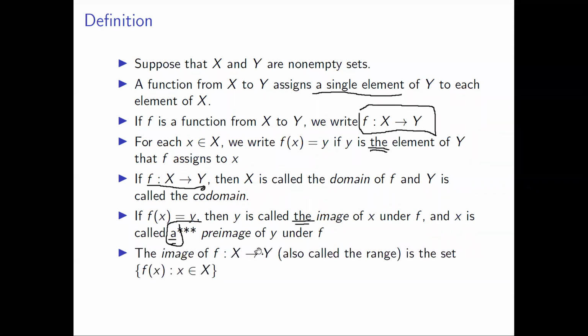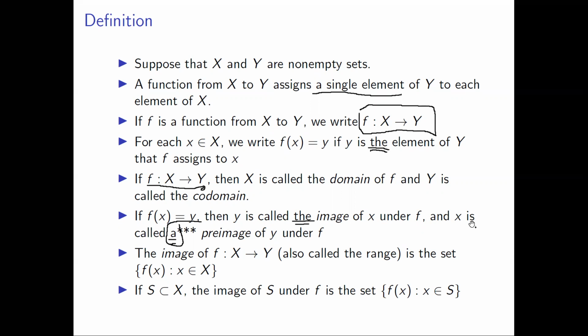We can also define the image of the function f. Another name for image is range. It's defined as the set of values f of x for x in the domain, where the domain again is our set big X. And we can also define the image of a subset of our domain.